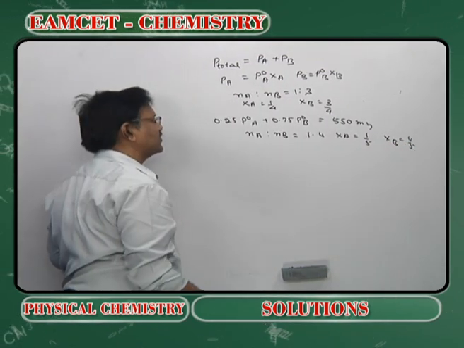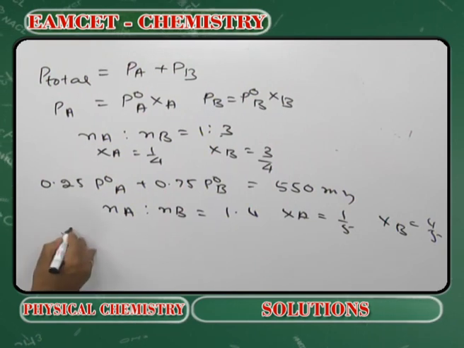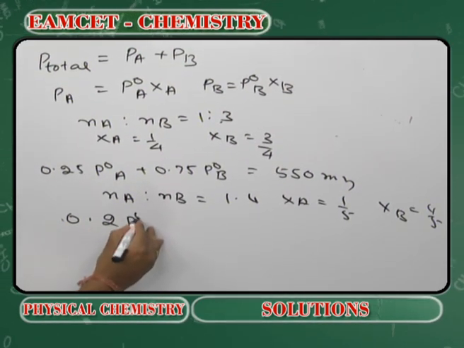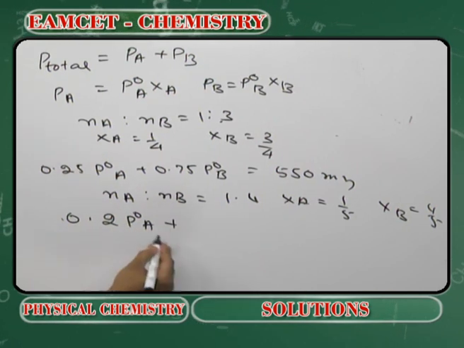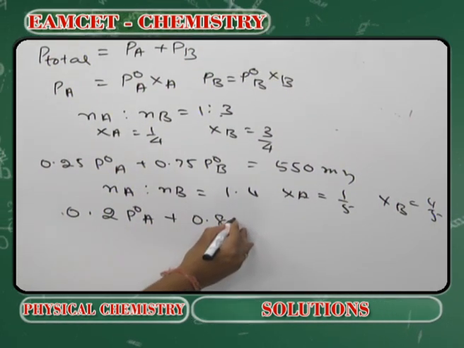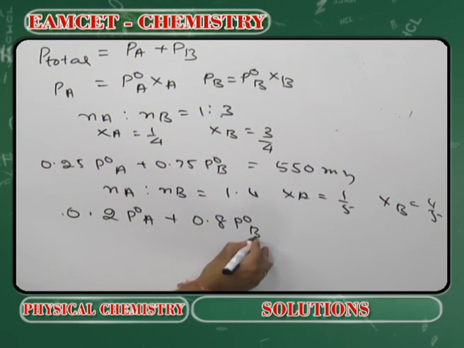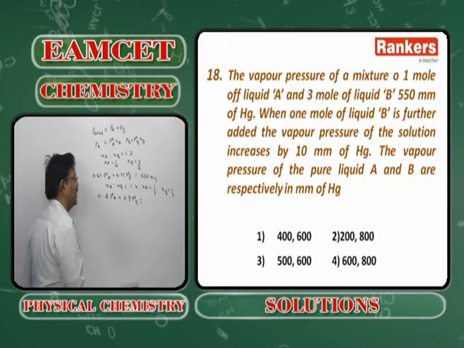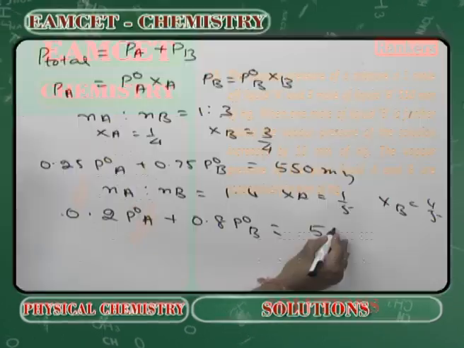Then another equation can be generated. How? 0.2 into P naught A plus 0.8 into P naught B will be equal to 560 mm, because the vapor pressure increases by 10 mm.